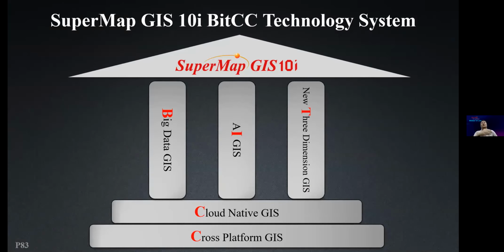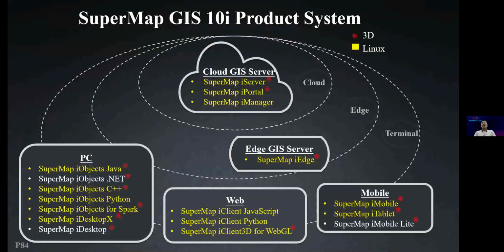Okay, so let's take a look at the SuperMap GIS 10i BitCC technology system again. The BitCC means Big Data GIS, AI GIS, New 3D GIS, and Cloud Native GIS cross-platform GIS. And this is the SuperMap GIS 10i product system provided by us.